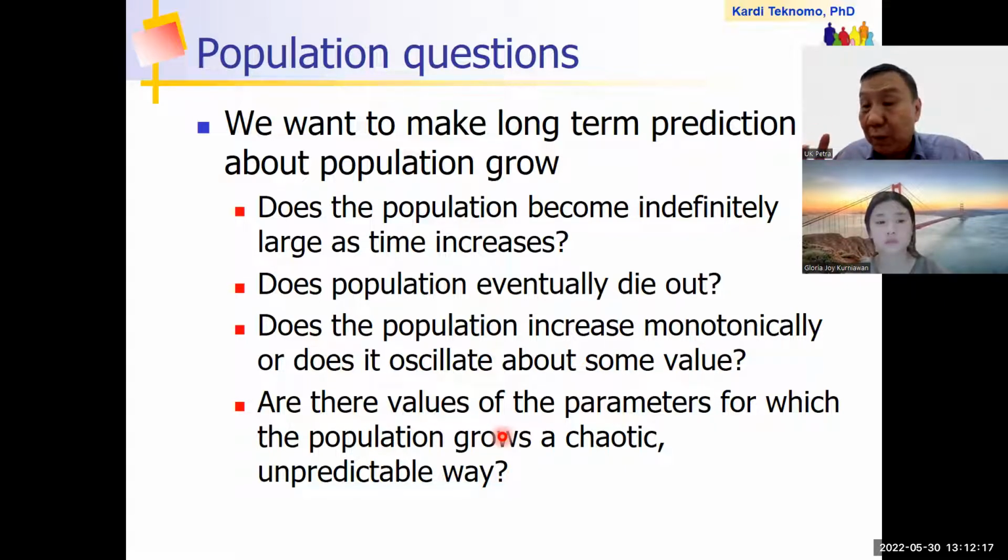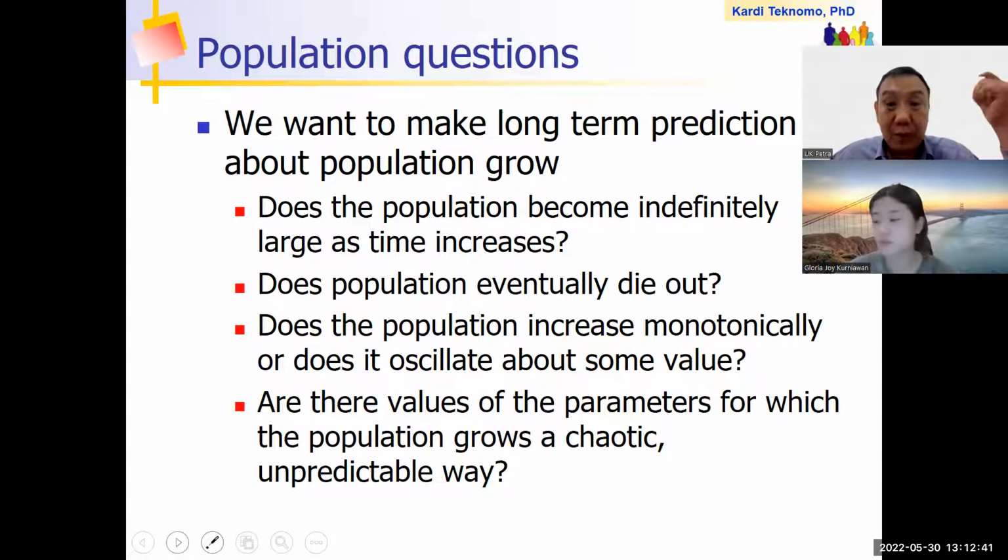If you don't know the population, then you cannot predict all these facilities. Suppose you want to create a certain supermarket or mall in a certain area, then of course the first thing you need to check is the number of population. If there is no population, nobody will buy anyway. So even if you want to invest there, it's useless. So the number of population is really important to know.